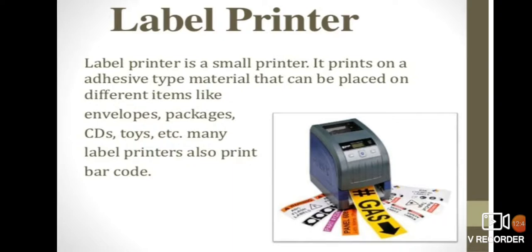They print on adhesive materials which can then be placed on different items, so they can be used to print barcodes, envelopes, packages and other items. They are also used in airlines to produce boarding passes and in retail shops.